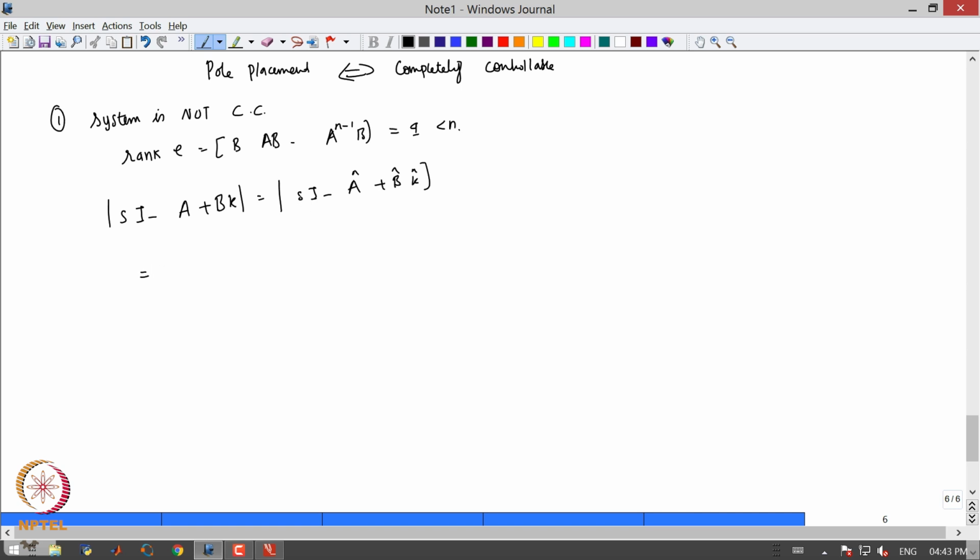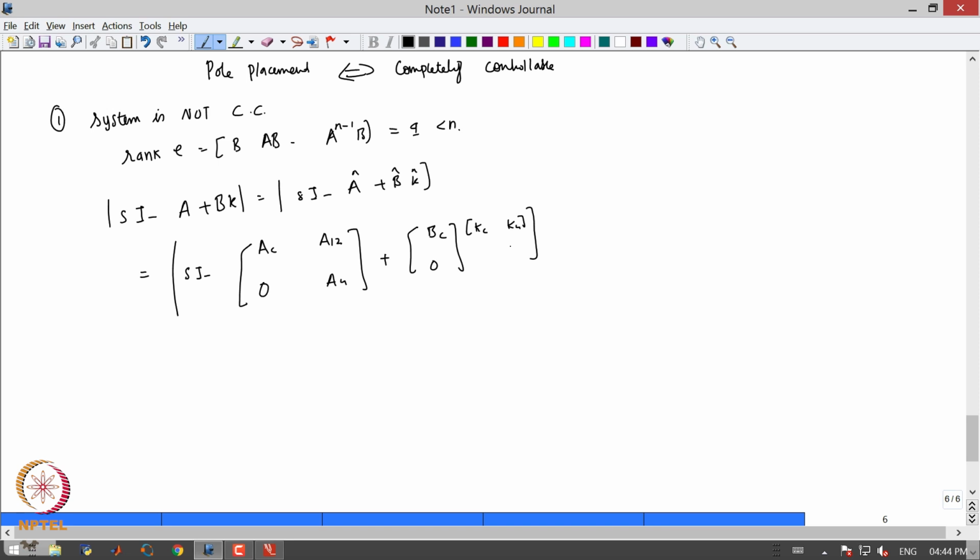I look at this term here, this will be S I minus, what is A? A looks something like this, AC, A12, 0, AU, plus B, which will be BC, 0, times some KC and some KU.